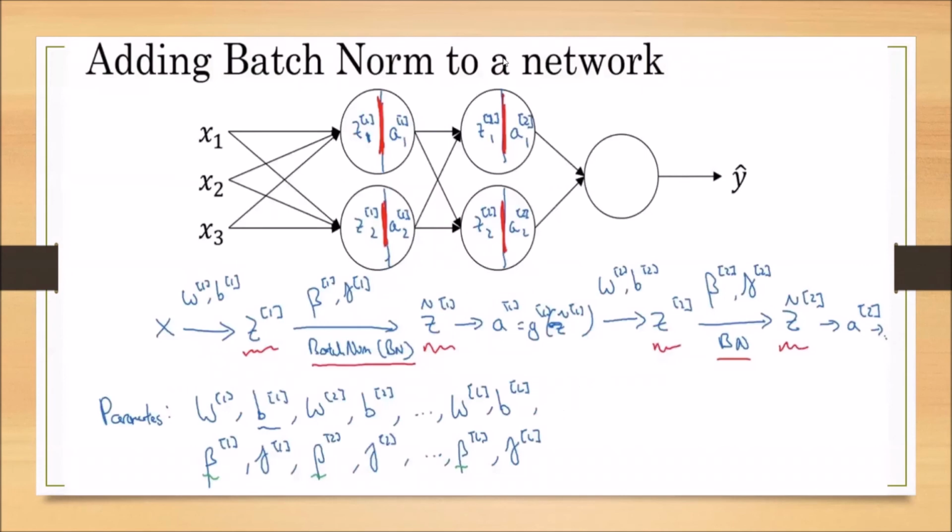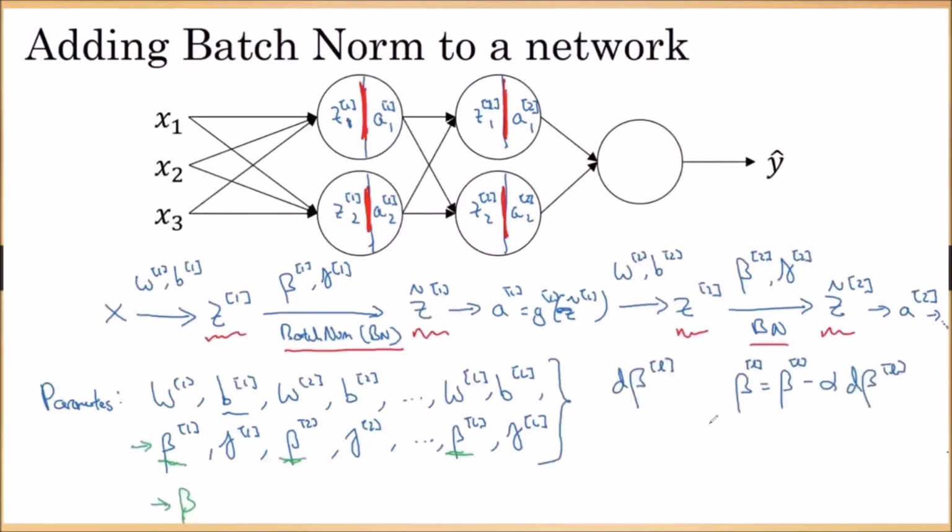Now remember, previously we had only W and B parameters, but now we have another two parameters, beta and gamma. These beta and gamma control the mean and variance of the particular z. So beta 1 and gamma 1 control the mean and variations of the z's in the first layer, and beta 2 and gamma 2 control the mean and variations of the z's in the second layer.